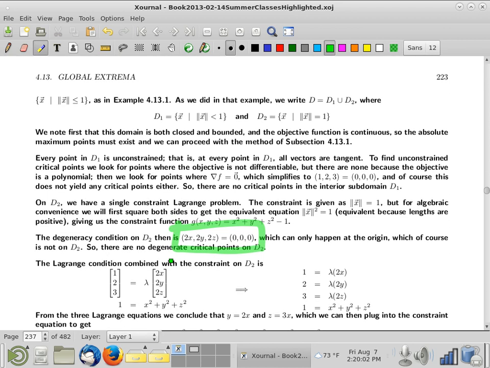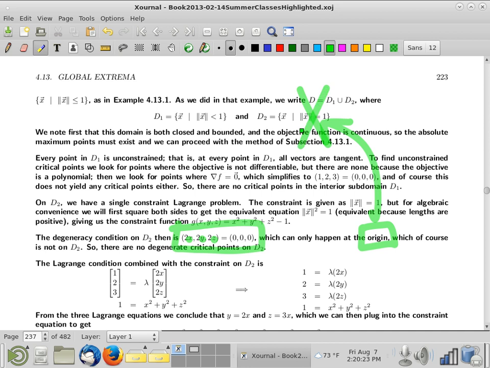Well, now that does happen, right? These coordinates, x, y, and z, could all equal 0. So in other words, we could look at the origin. The problem is that the origin doesn't satisfy that equation.